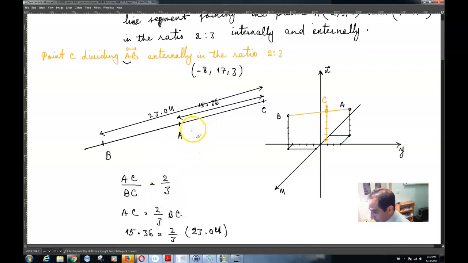And now, since you can see that AC to BC is 2 to 3, that means that AC is actually 2/3 the distance of BC. So that means that C has to be on the other side of the line segment. So then C is located over here. Otherwise, if the ratio was some value greater than 1, then C would be located on the other side of the line segment.